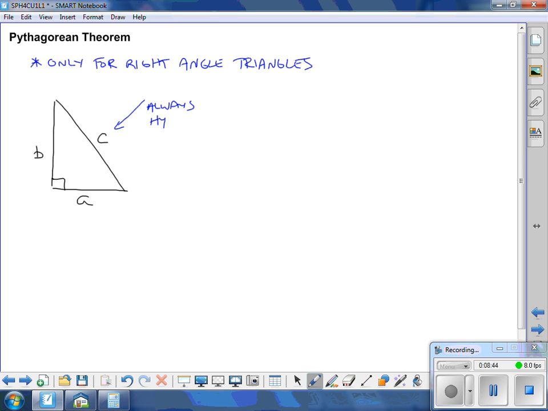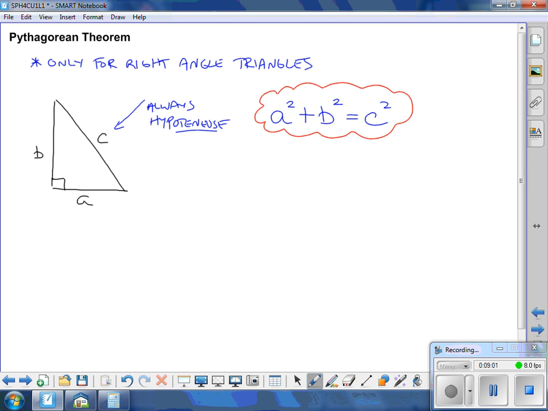Always hypotenuse. And their relationship is A squared plus B squared equals C squared. So there is your formula, and nothing's really changing from grade 10. We're just going to use it in a couple applications.